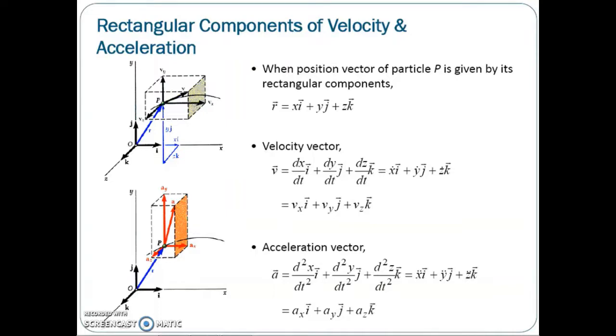So when the position of a particle P is defined at any instant by its rectangular coordinates x, y, z, for example here, the position vector r equals x i plus y j plus z k. It is very convenient to resolve the velocity vector and acceleration vector of the particle into rectangular components.